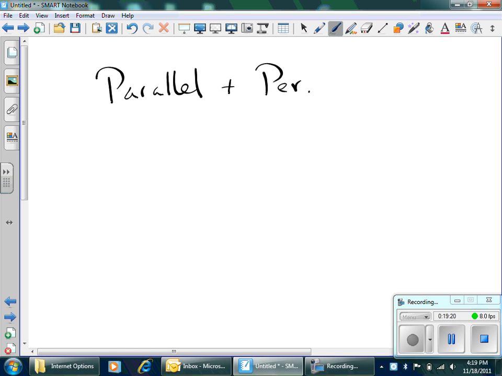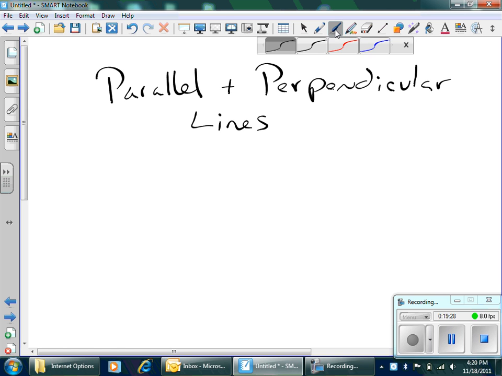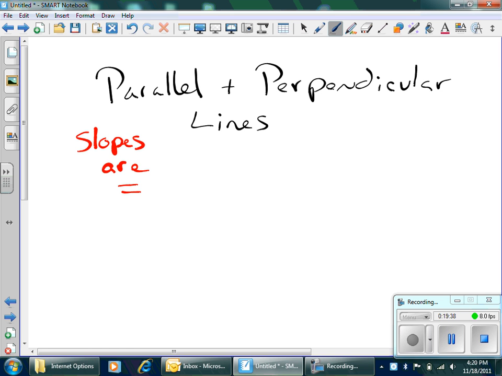and perpendicular lines. And I'm going to remember that with parallel lines, slopes are equal.